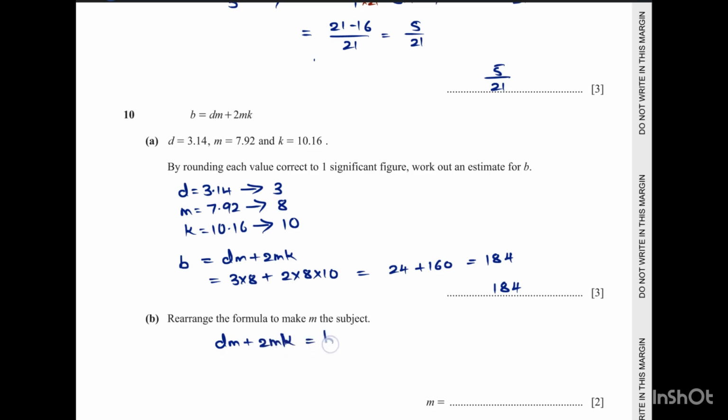Now here m is to be taken as the subject, so m you take common and write d plus 2k in brackets. Now keeping m onto the left hand side, bring d plus 2k onto the right hand side. It gets divided to b. So m is b by d plus 2k.